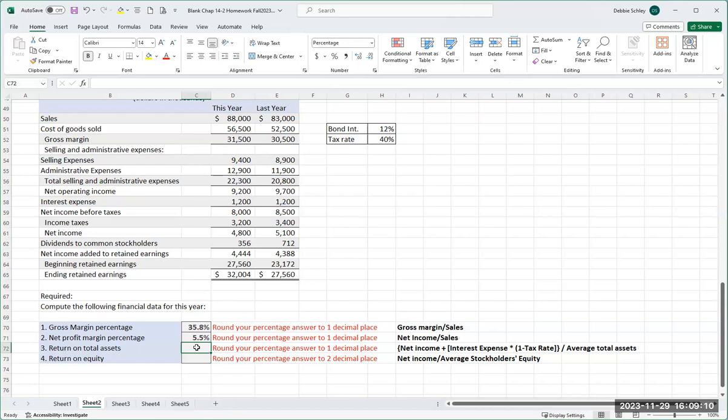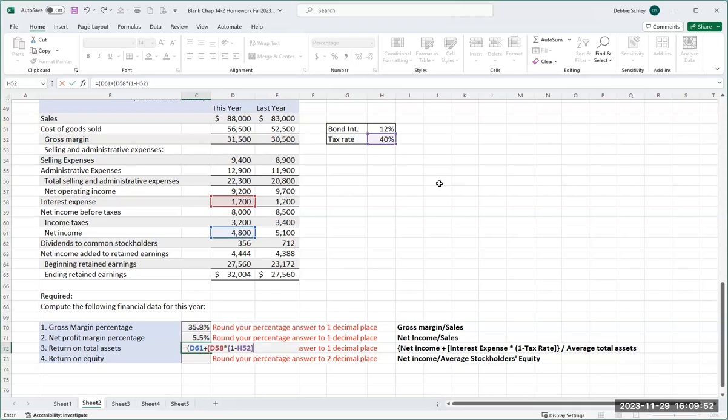Okay, return on total assets. That's a little more involved. So equals parentheses, net income plus parentheses, interest expense times one more parentheses, 1 minus the tax rate of 40%.